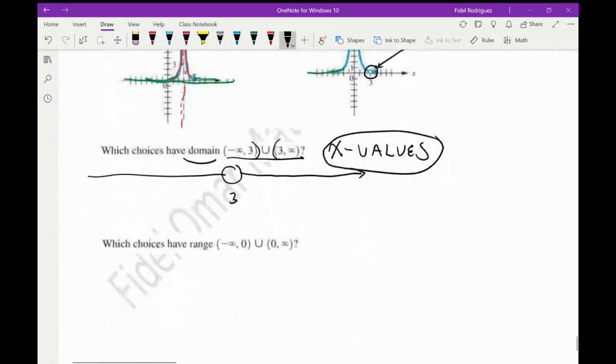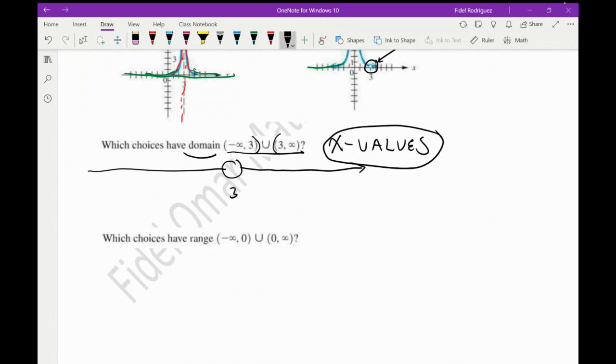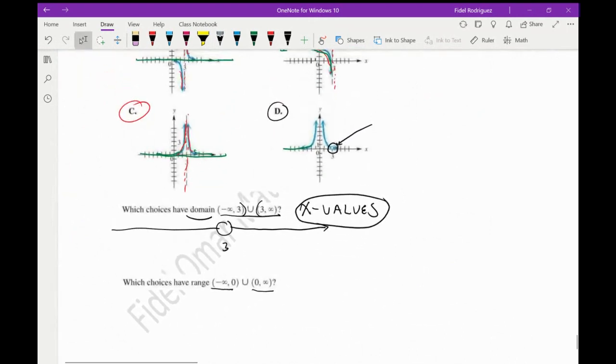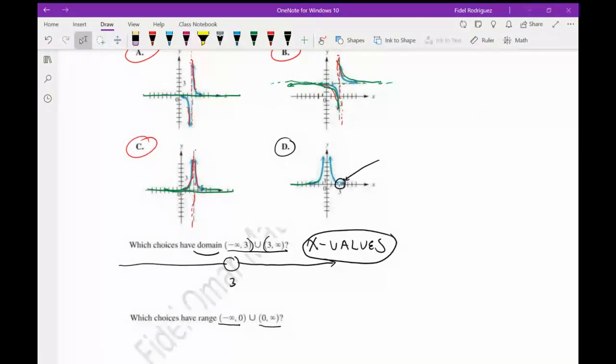And then there's a similar question: which choices have a range of negative infinity to 0, and then from 0 to infinity? Let's see, do we have any of them that have a range like that? Yes, the one that has a range like that would be choice A, because remember, range refers to the y values. So I'm coming up from the bottom, and then I have to stop at 0, and then I keep going.